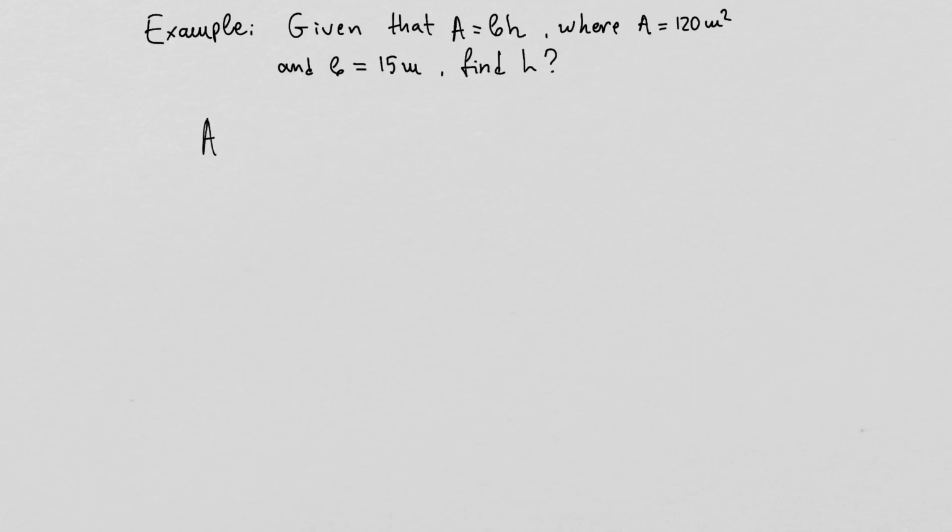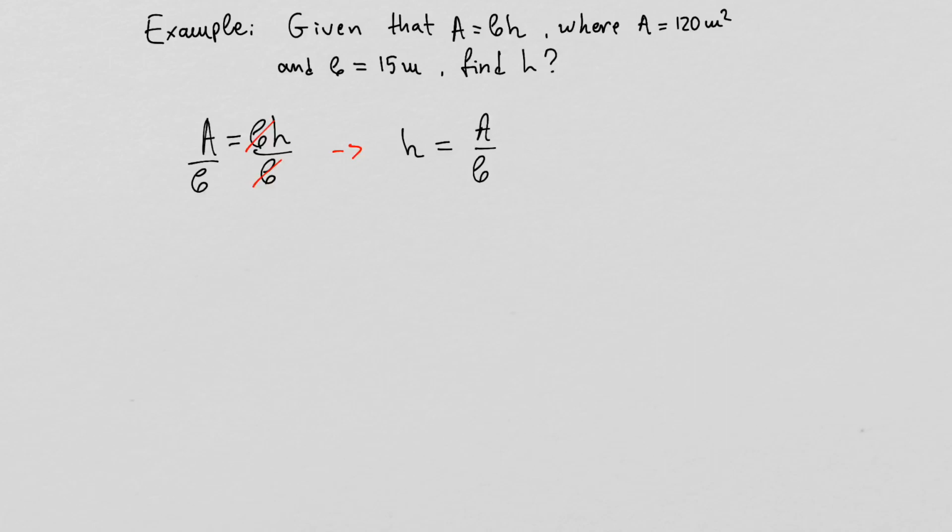So A is equal to B times H. Since B and H are multiplied by each other, in order for B to move to the right-hand side, I must divide both sides by B. So divide by B, divide by B. I have B in the numerator and denominator on the right-hand side, so those will cancel out. And so now I have an expression for H, and that is H is equal to A divided by B.